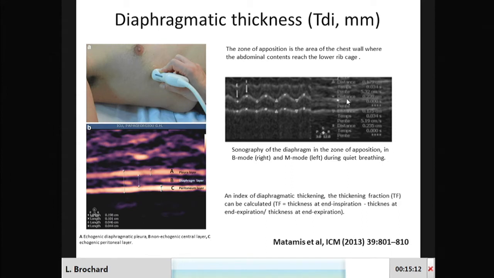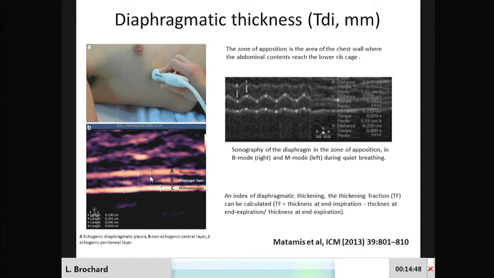One way to look at atrophy in the clinical setting is to directly look at the morphology of the muscle. Diaphragm ultrasound is a very interesting technique because with some precautions, you can detect the diaphragm between the two layers of the pleura and the peritoneum.